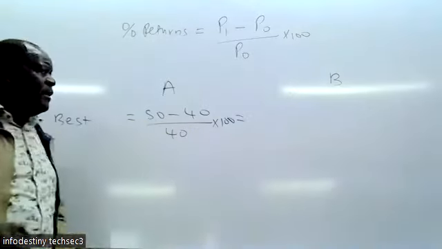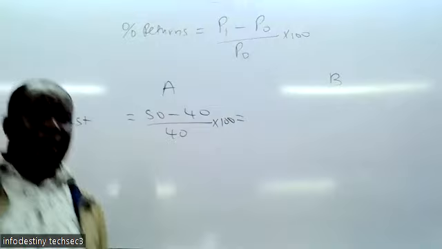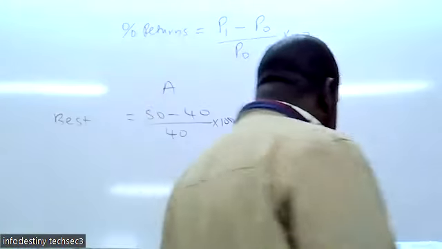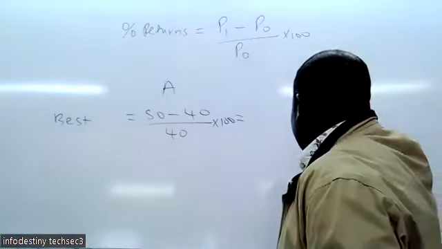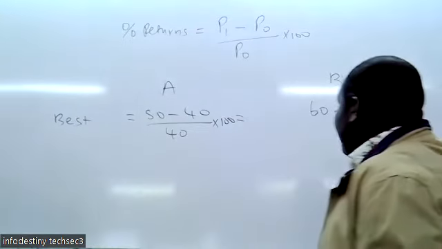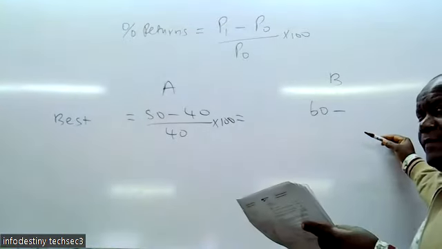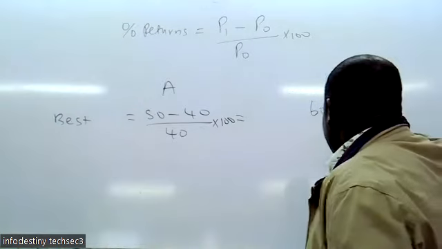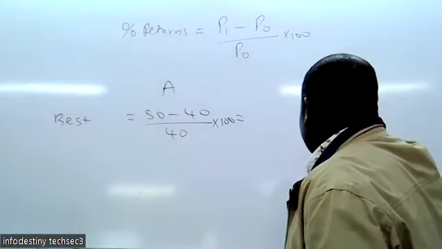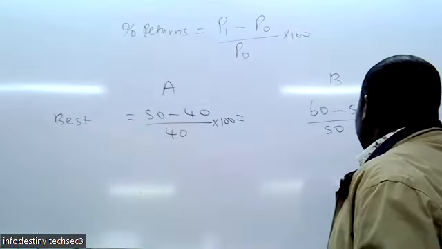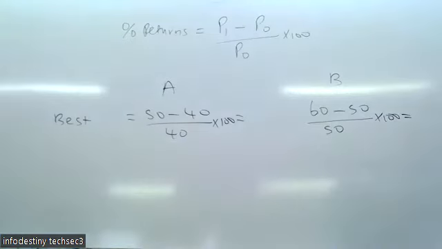That is for A, under best. Then still under best for B, you take 60. The share price for B currently is how much? 50. You minus 50, divide by 50, and express it as a percentage.